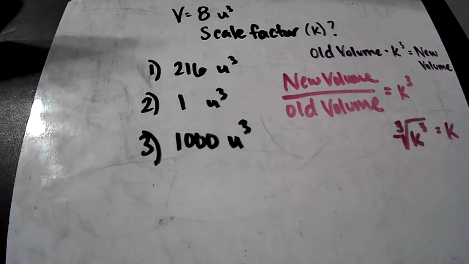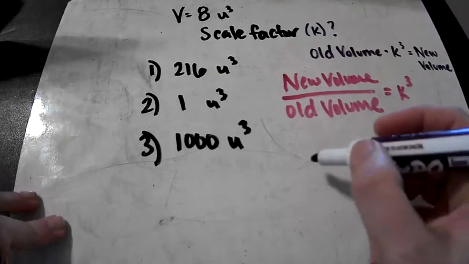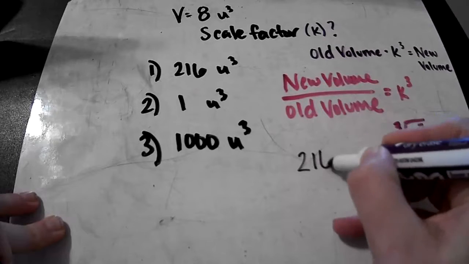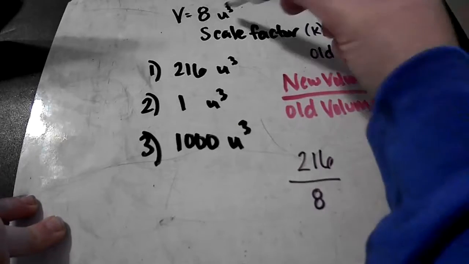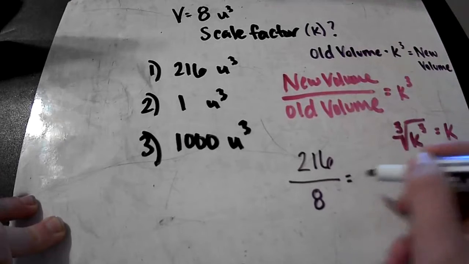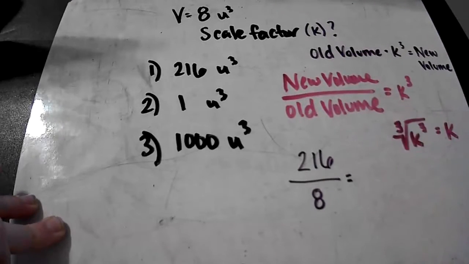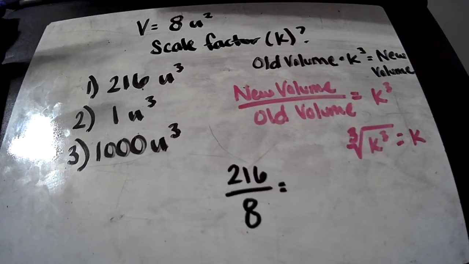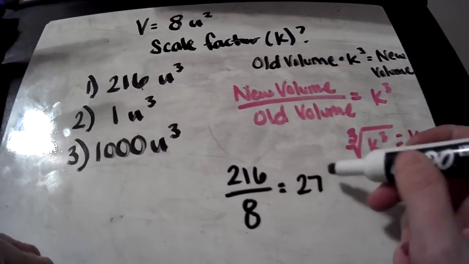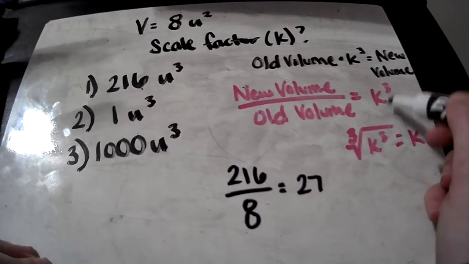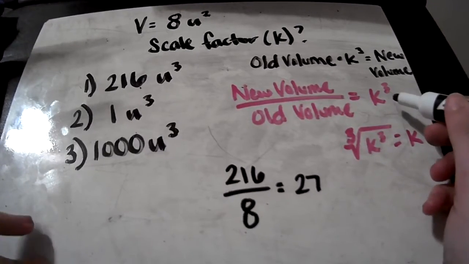On number 1, our new volume is 216. Our old volume was 8, right? That was the original volume. If I do 216 divided by 8, I get 27. So 27 is our k cubed, our scale factor to the third power.